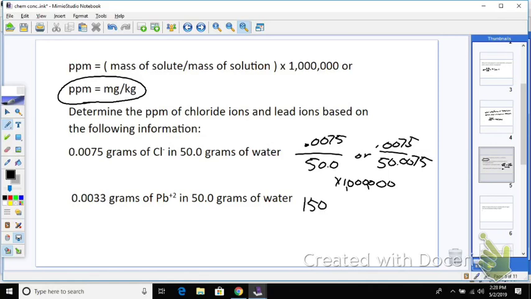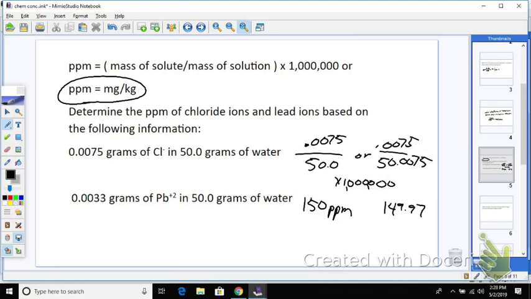Parts per million. If you did it this way, you got an answer of what? It was 150 if we rounded it up. Tell me exactly. 149.97. Okay. It's more accurate. That side is more accurate.